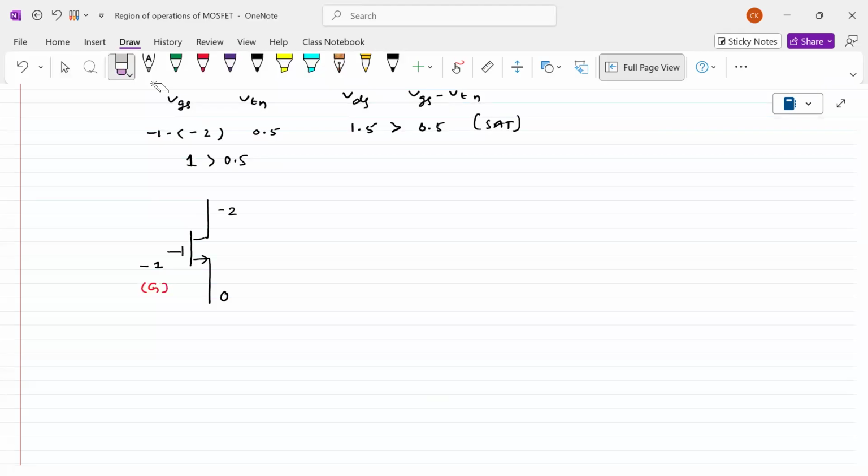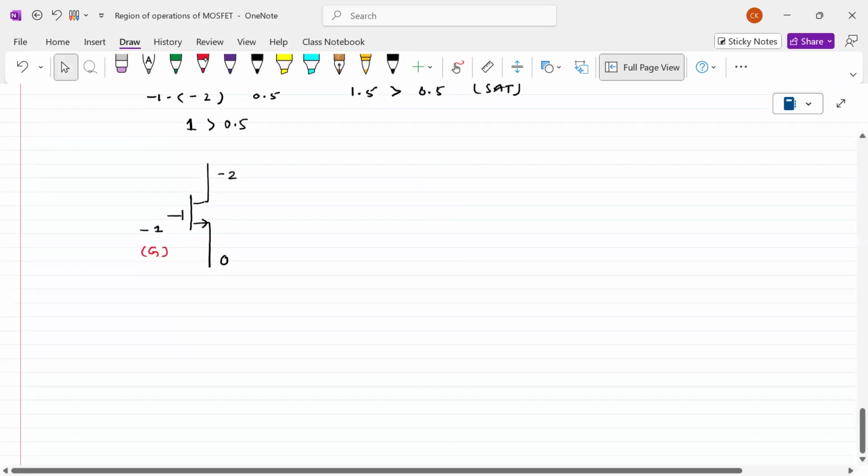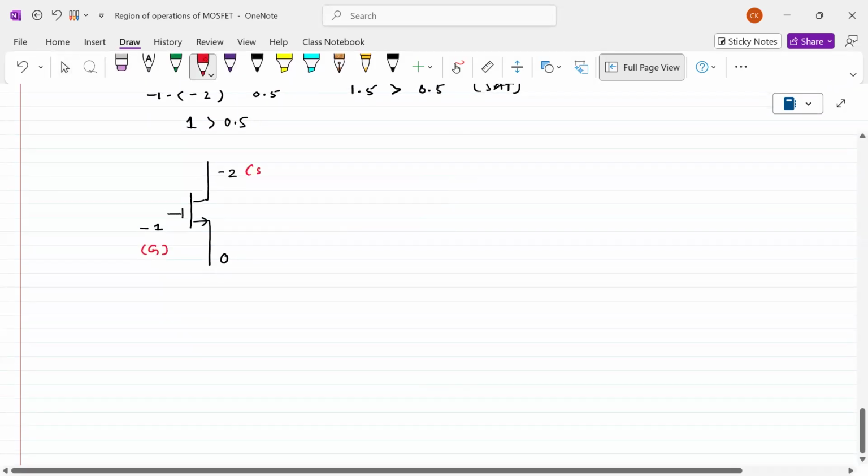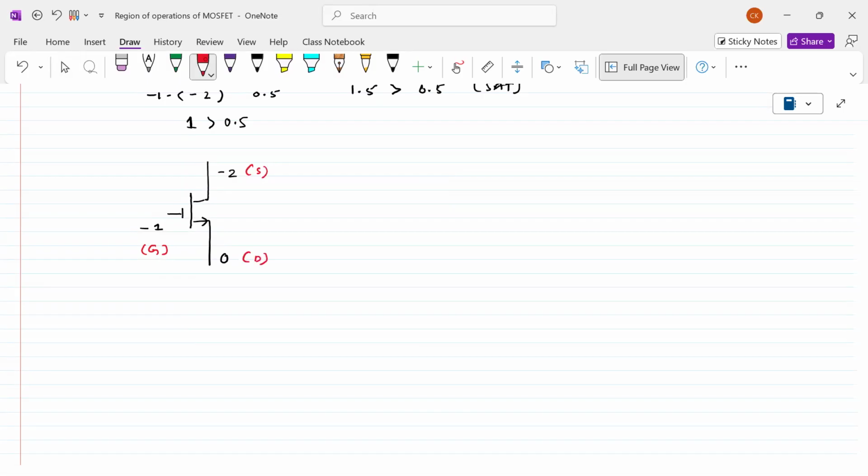Then can you please tell me which region of operation this is? Which one is the source? Which one is the drain? Source is -2 here, and this is the drain. Definitely, which region of operation? This is on, actually, right? This is an on transistor.